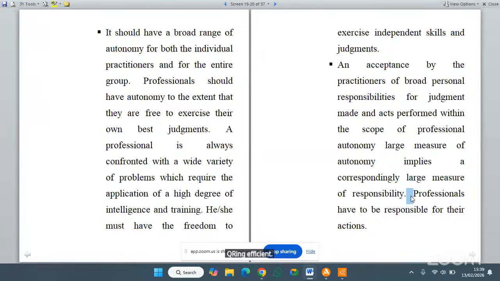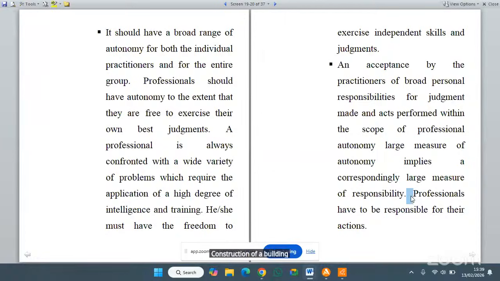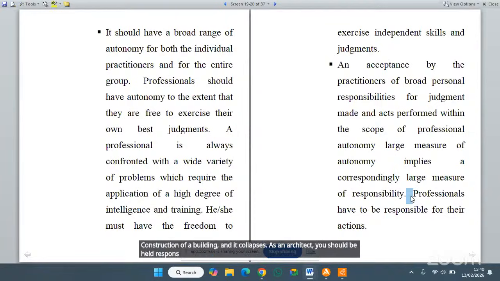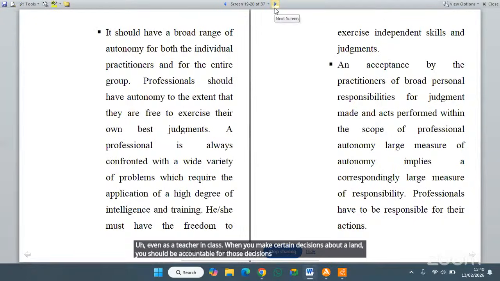If you are an architect supervising the construction of a building and it collapses, as an architect, you should be held responsible personally. Even as a teacher in class, when you make certain decisions about a learner, you should be accountable for those decisions. And so it requires you to always act in a professional manner that does not harm any student.